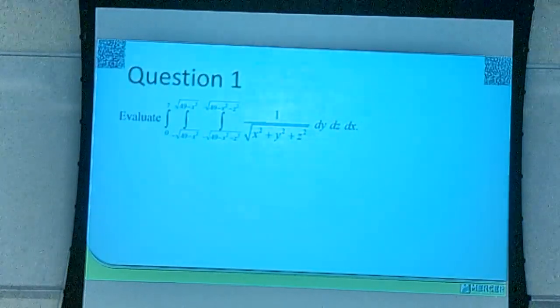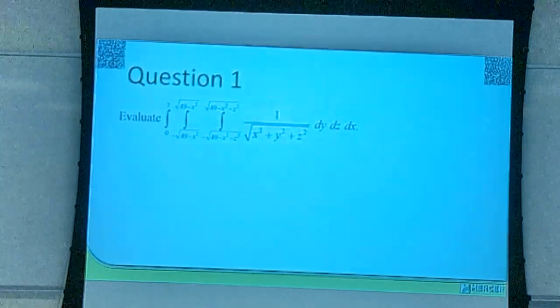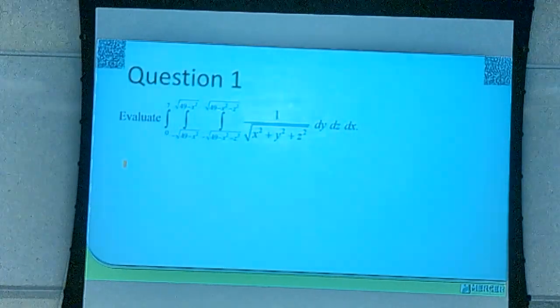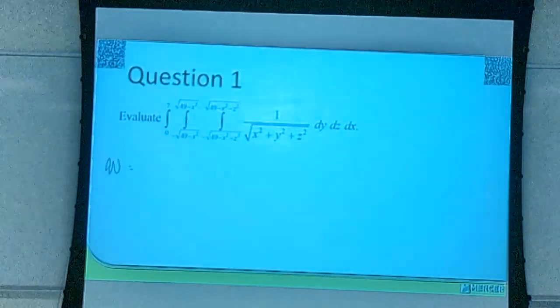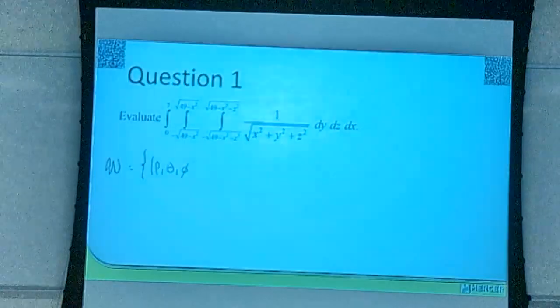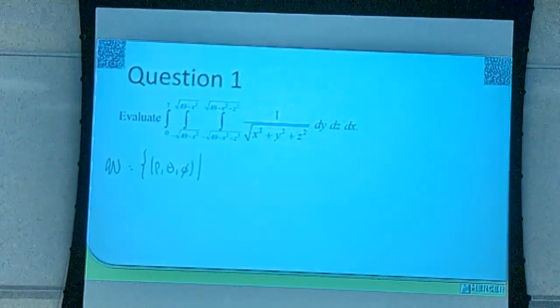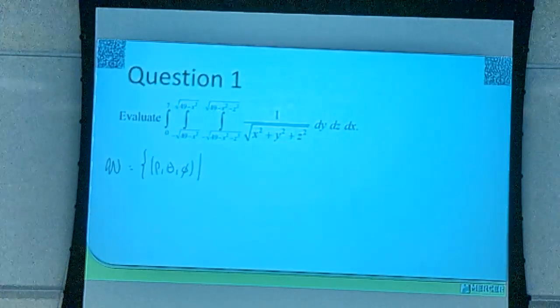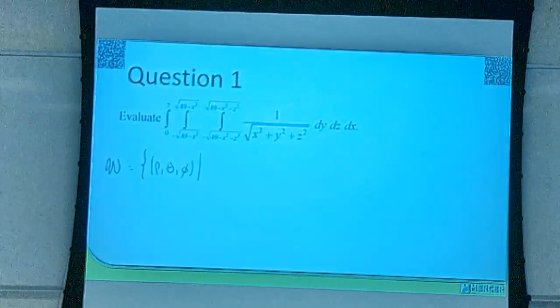Spherical. If you look at the region, that is part of a sphere. So the question is, what part of the sphere is it?